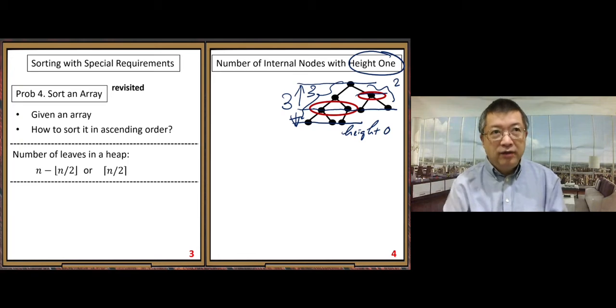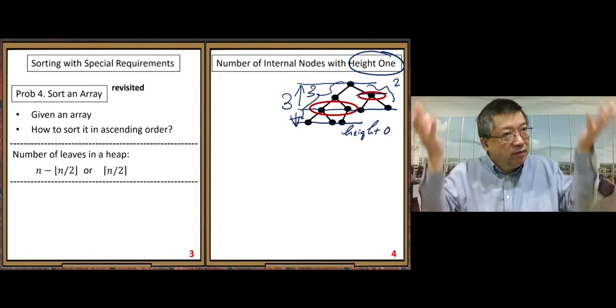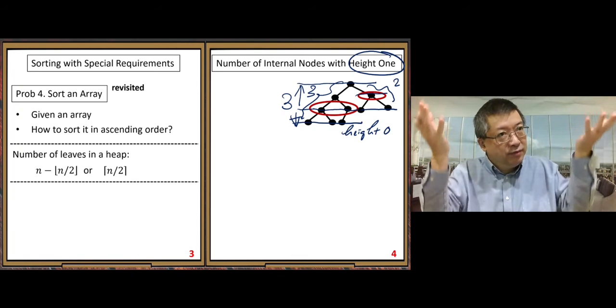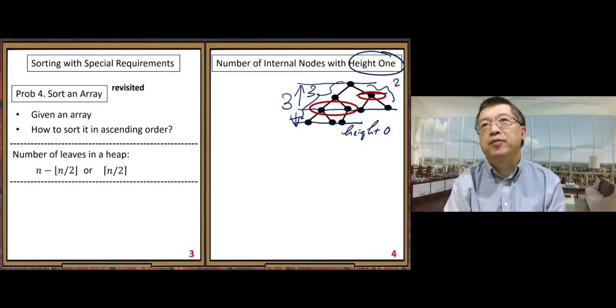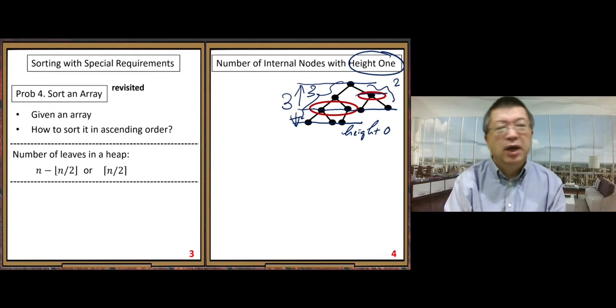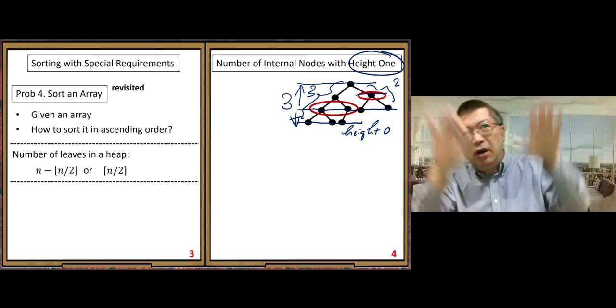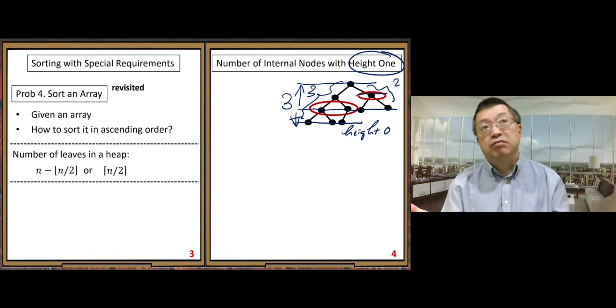Then the height is from the ground level, 0 level, moving up. Many students ask me, when we count height, do we come from the root or from the leaves? Based on your intuition, right?